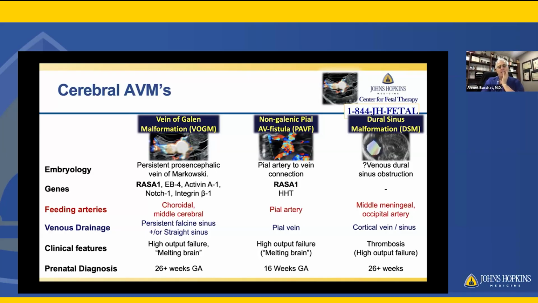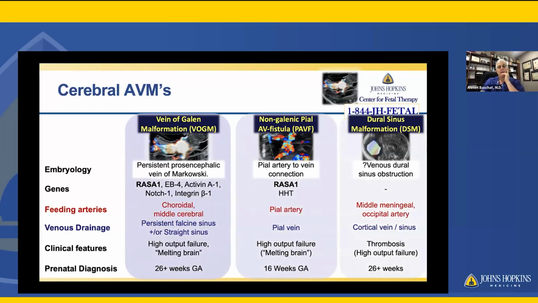The prenatal diagnosis of these malformations is really possible from 26 weeks onwards, but in most health systems where there is no specific brain anomaly screening protocol as part of your anatomy ultrasound, typically the diagnoses are made in the third trimester.